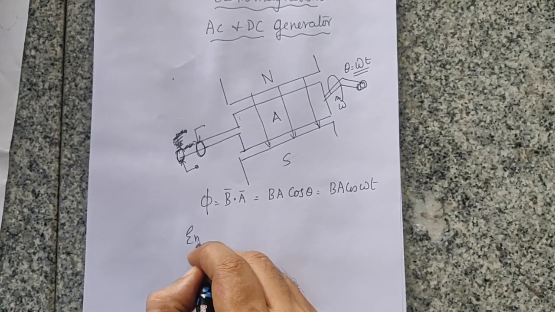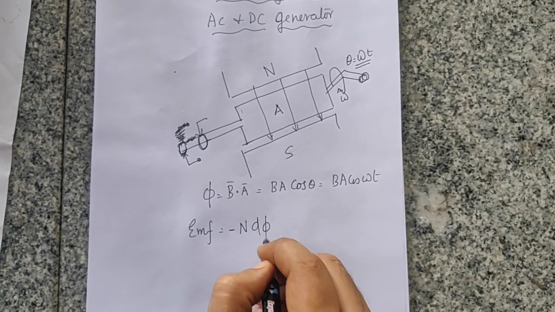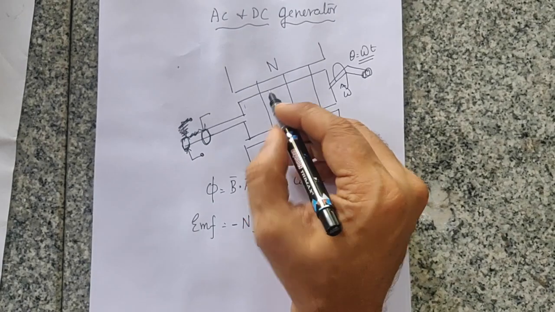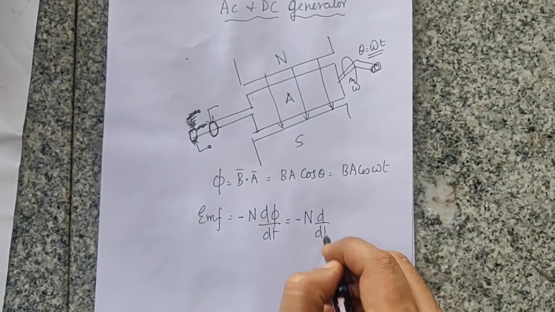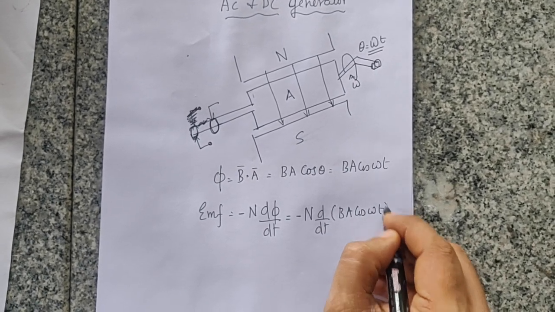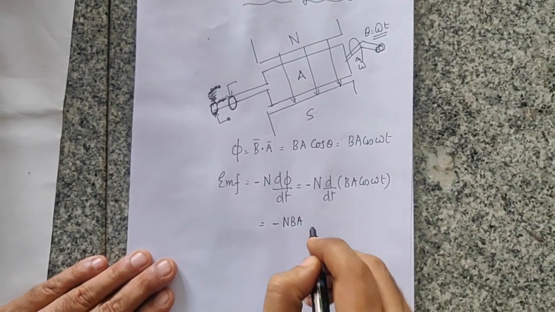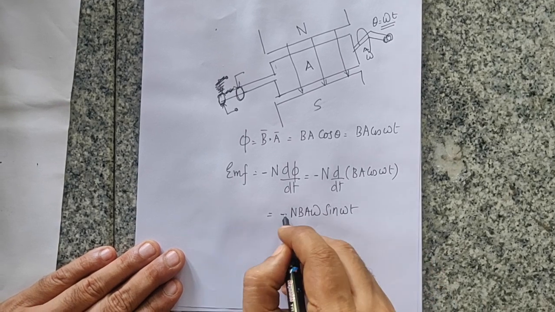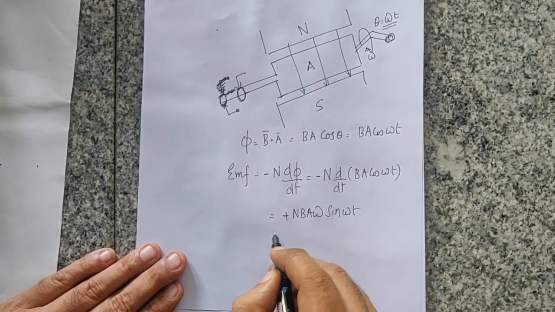Now the EMF from Faraday's law is given by minus N d phi by dt, where N is the number of coils. That is minus N d by dt of BA cos omega t, and that's equal to minus NBA omega times minus sine omega t, and this becomes plus because d by dt of cos is minus sine.